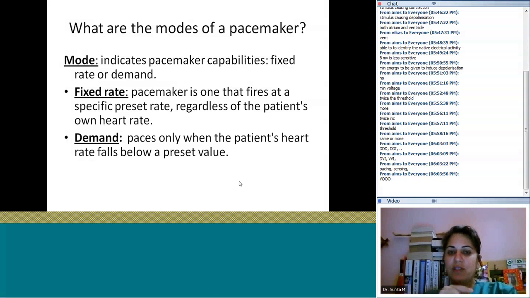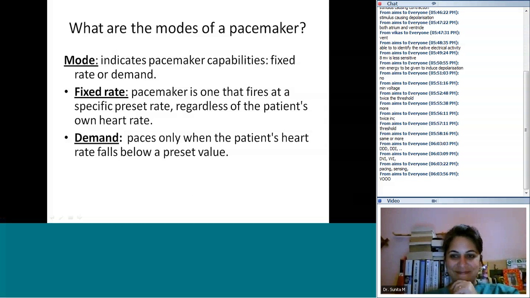Now in a demand mode, do you need to sense or not sense? Should the pacemaker be able to sense in a demand mode? Yes or no? In a demand mode, should the pacemaker be able to sense?